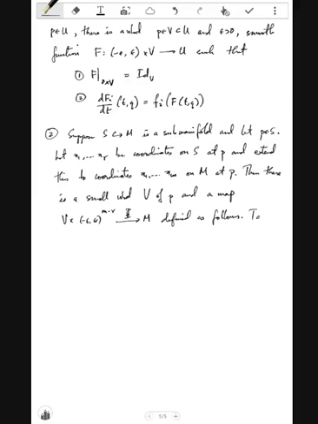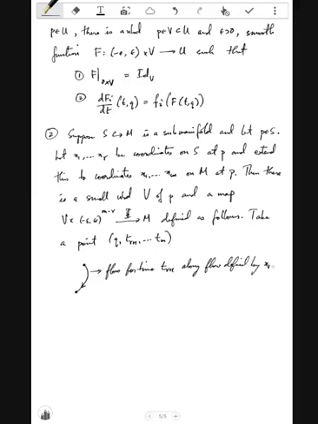So take a point (Q, t_{r+1} up to t_m). We start at the point Q, and for time t_{r+1} we flow along the flow defined by x_{r+1}. So we reach a point Q1.